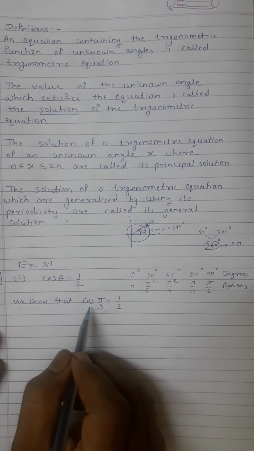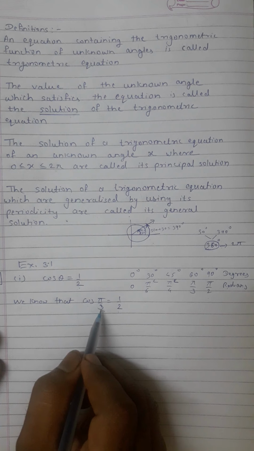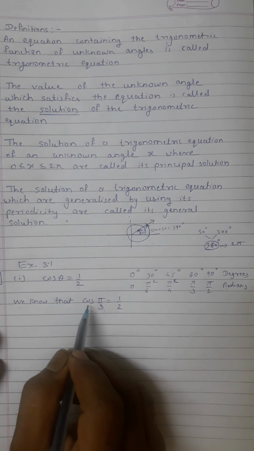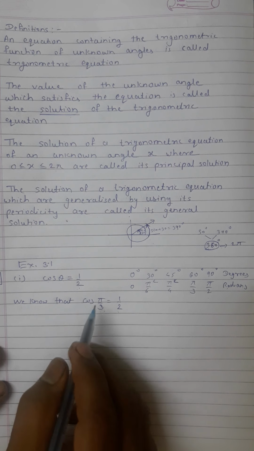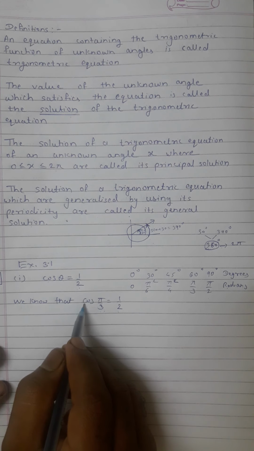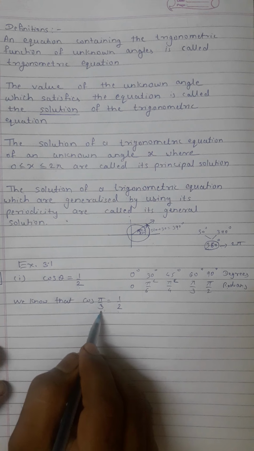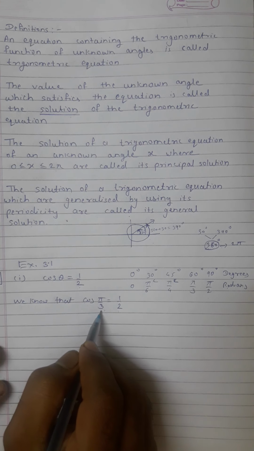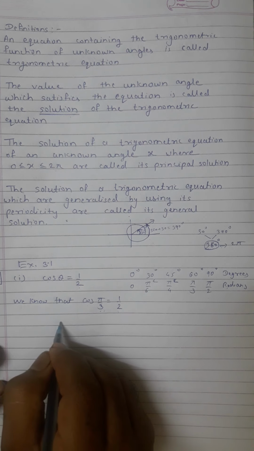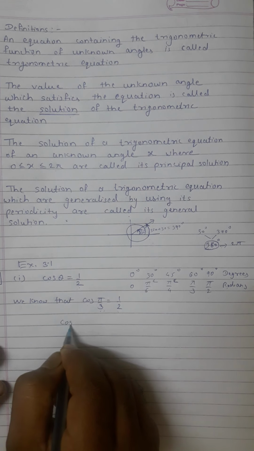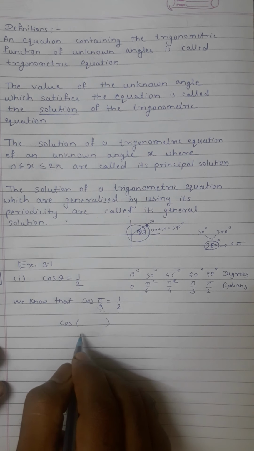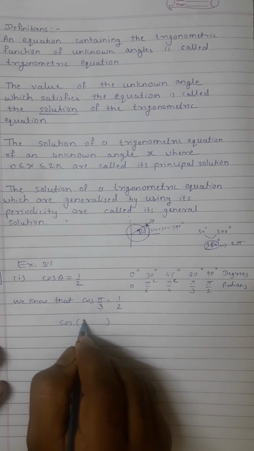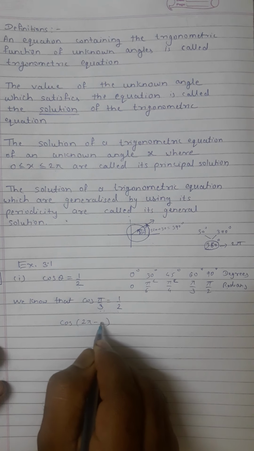Now we will find the allied angle of this cos pi by 3. We want the answer as cos pi by 3, and by using allied angles we have to write the other angle that gives the same value.